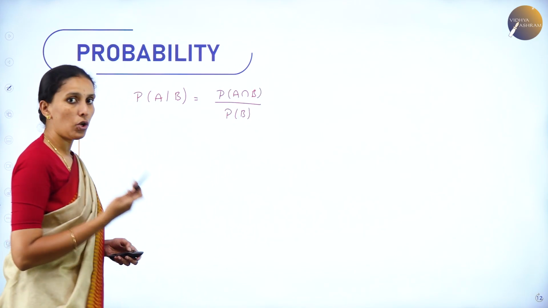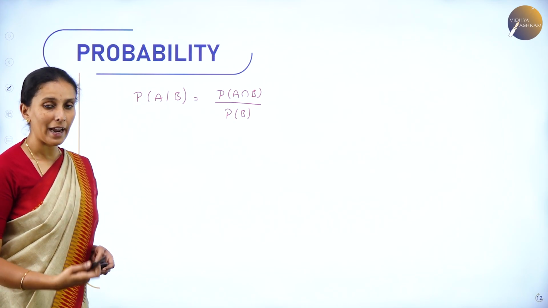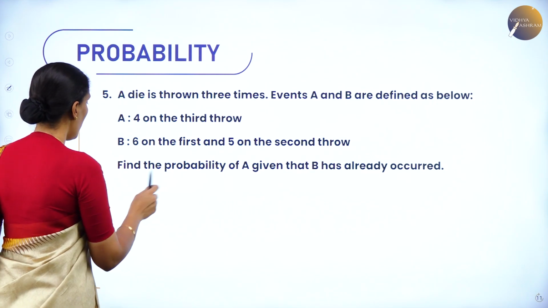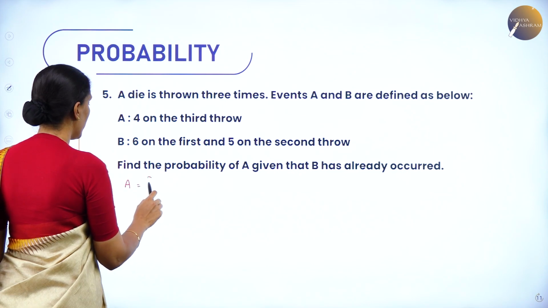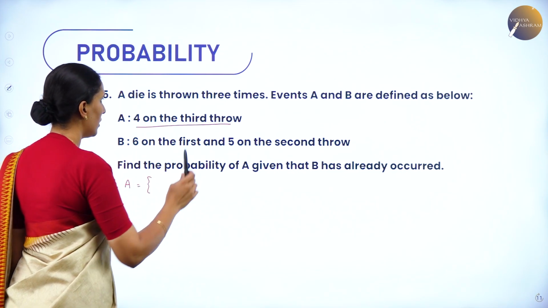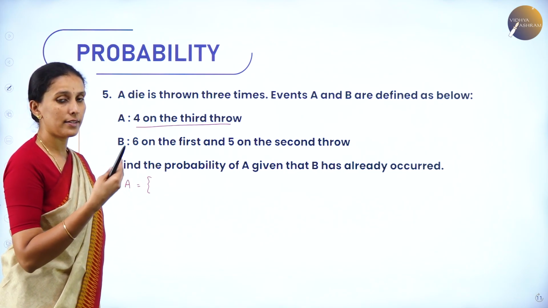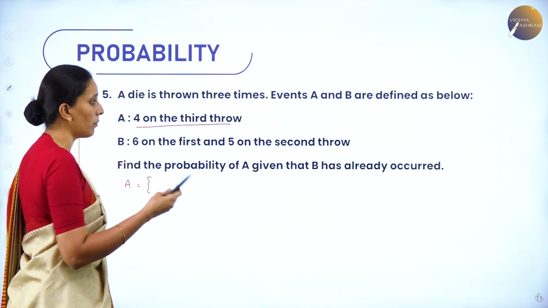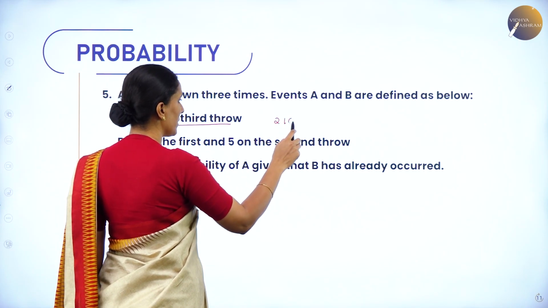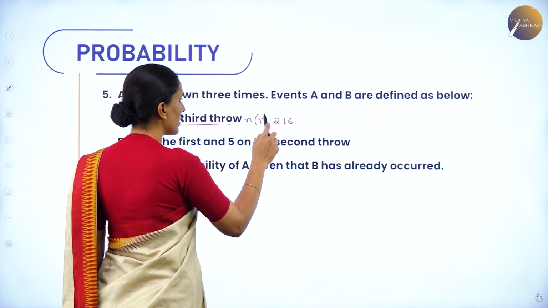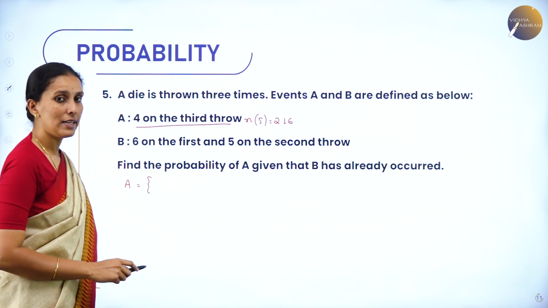First let us find out what is event A, event B and A intersection B. Now event A says 4 on the third throw. So when you are throwing a die three times, it is obviously 6 into 6 into 6. That means you have a total of 216 outcomes. So the cardinality of your sample space is 216.